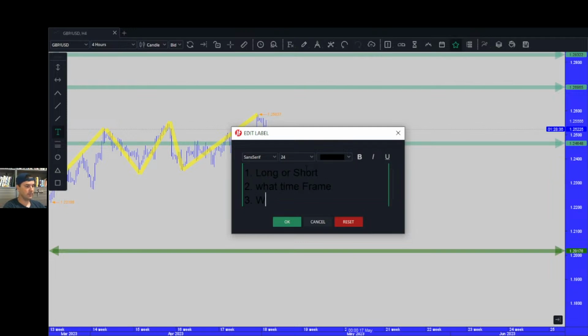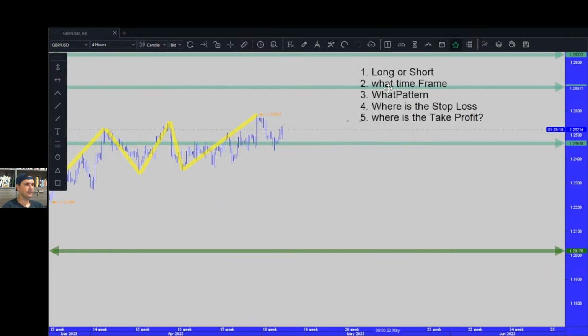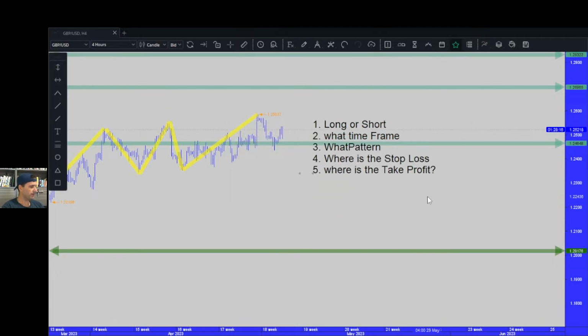Number three, what pattern. Number four, where is the stop loss, and number five, where is the take profit. Everybody, long or short, what time frame, what pattern, where is the stop loss, where is the take profit.